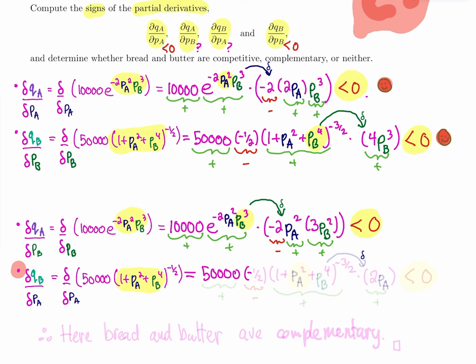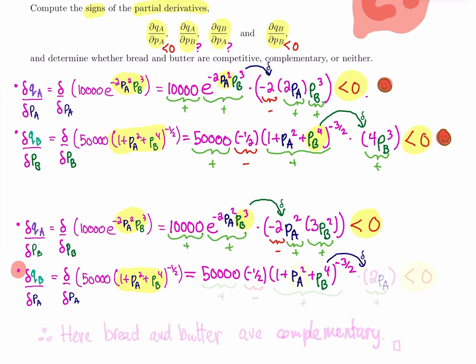Again, the minus 1/2 falls up front as a coefficient. I'm not touching the inside, which is protected here. So 1 plus PA squared plus PB to the power 4. Sorry if sometimes I don't say the right numbers. Okay, and then my new power, minus 1/2 minus 1, is minus 3/2.